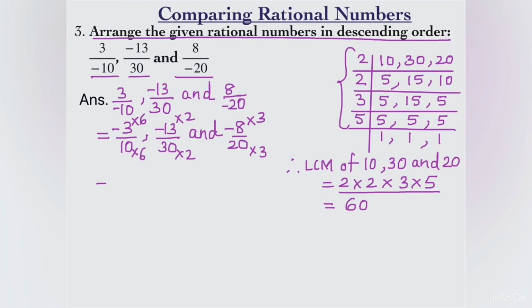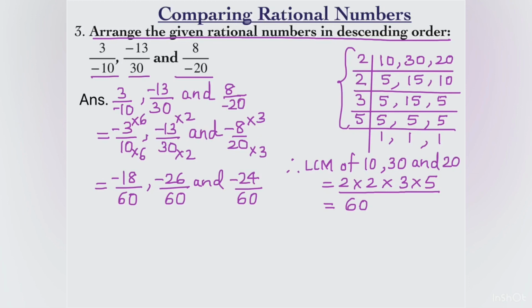Now this expression will be equal to minus 3 times 6 is minus 18 by 10 times 6 is 60. Minus 13 times 2 is minus 26 by 30 times 2 is 60. And minus 8 times 3 is minus 24 by 20 times 3 is 60. Now we have got the same denominators.